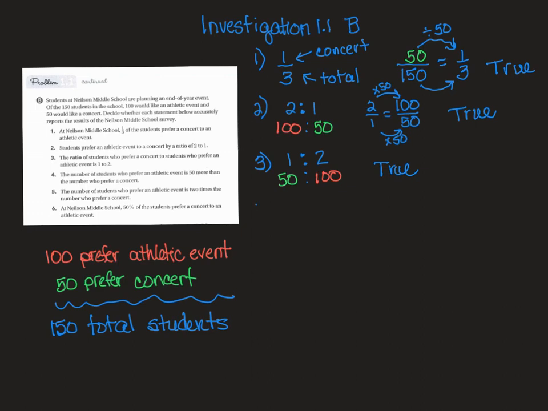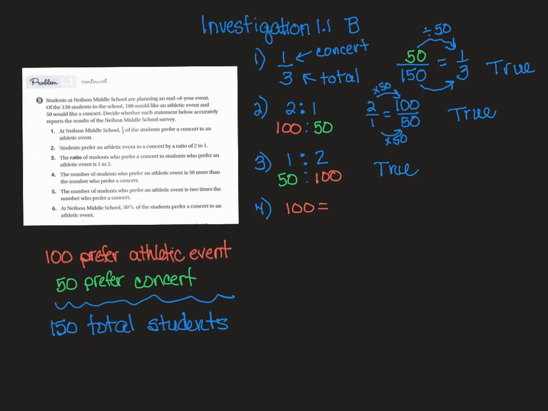And let's go to 4. 4 says the number of students who prefer an athletic event is 50 more than the number who prefer a concert. So let's see. So the number of the athletic events is 100.